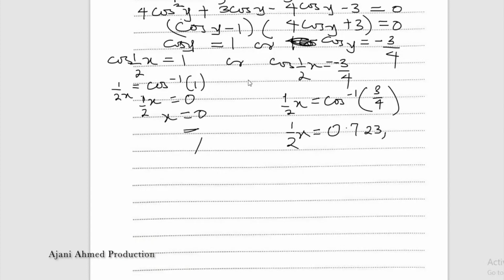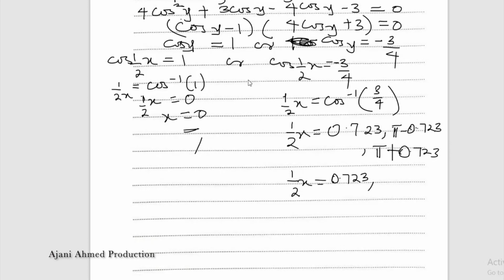In the second quadrant, the formula is 180 minus theta. That's pi minus the principal angle, pi minus 0.723. It's also negative in the third quadrant, and the formula is 180 plus theta, pi plus principal angle, 0.723. So half x will be 0.723.